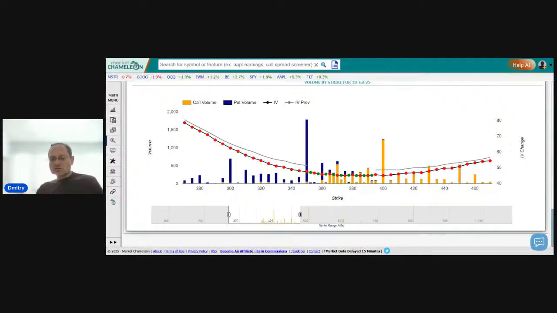In that range, the volatility is expected to stay in this kind of 45 to 48 range.